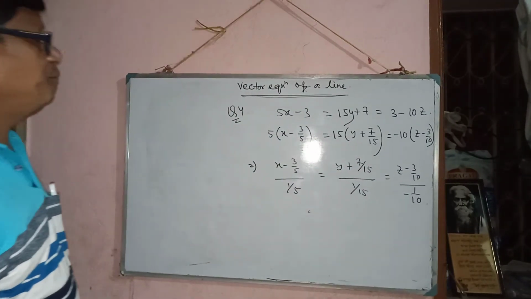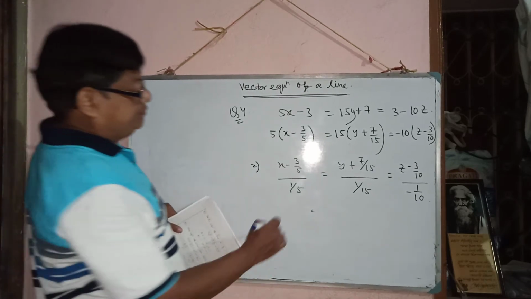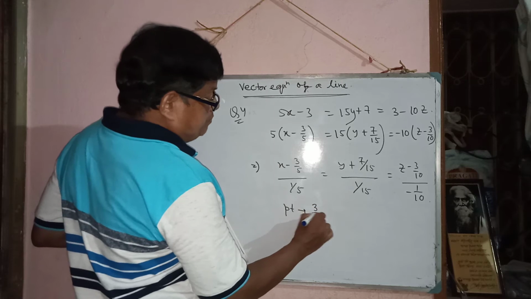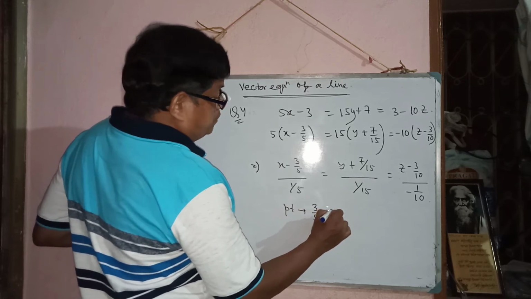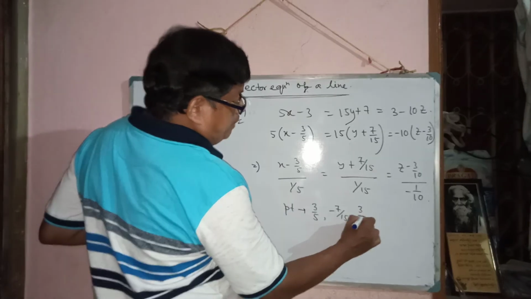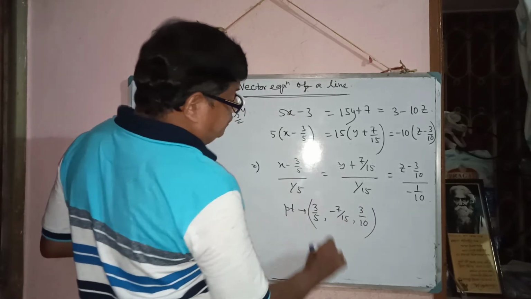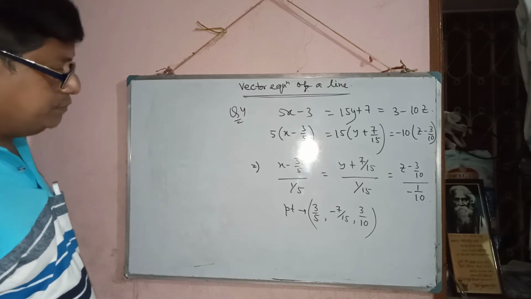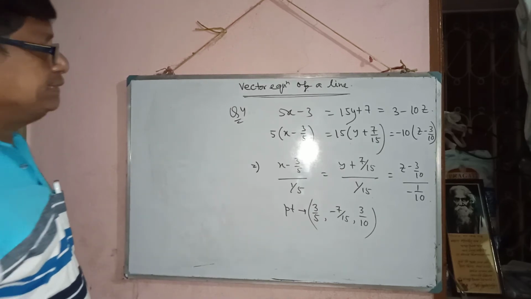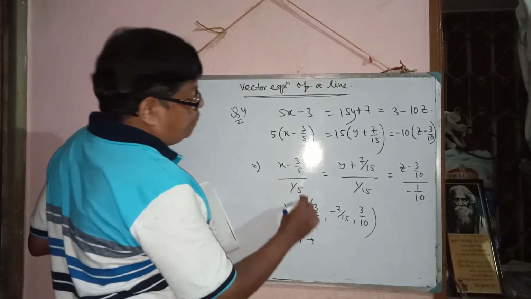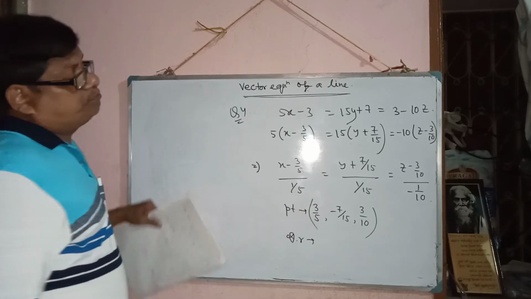Now the point is 3 by 5, minus 7 by 15, 3 by 10. These are the point and direction ratio. The ratios are 1 by 5, 1 by 15, 1 by 10.